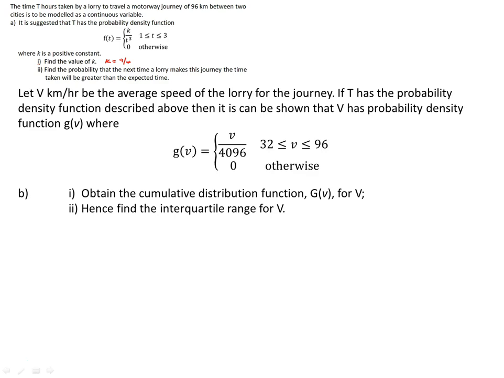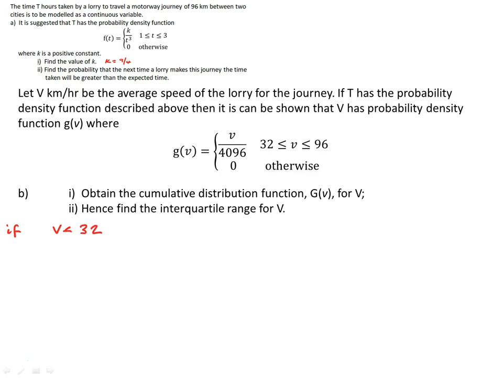The first thing we've got to do is obtain the cumulative distribution function for v, and then use that to deduce the interquartile range for v.